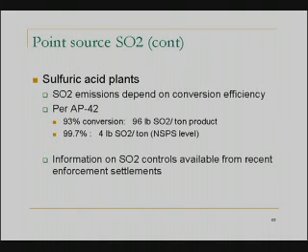For example, if you take a look at the AP42 emission factors for a sulfuric acid plant with 93% conversion, such a plant would emit 96 pounds of SO2 per ton of product, whereas a source complying with our new source performance standards would only be emitting 4 pounds per ton. And so the types of controls necessary to do that should be available from some of these enforcement settlements.